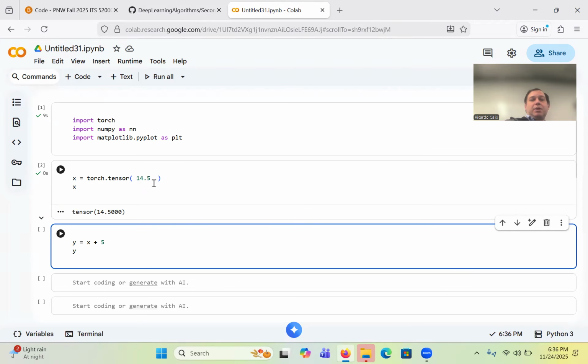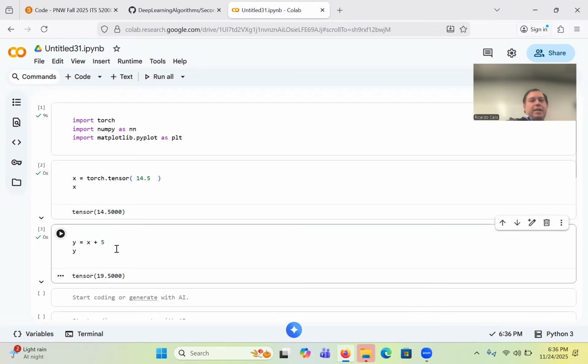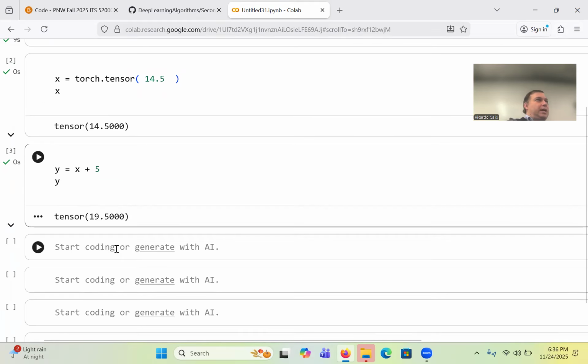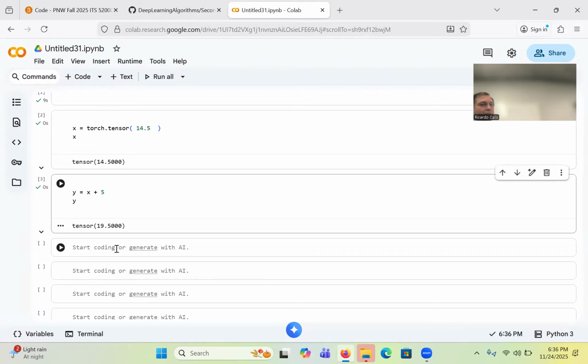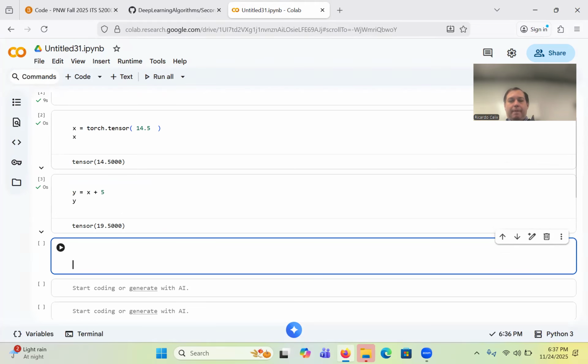So I bring in 14.5 here plus 5, and that's going to be 19.5. Do you guys see that? This is the equivalent of the function without having a derivative for it. But then we can take the derivative of this function, or some other function, and when we run a value through it, it's going to be different. That's the key. That's the value that we're searching for. So here we are.